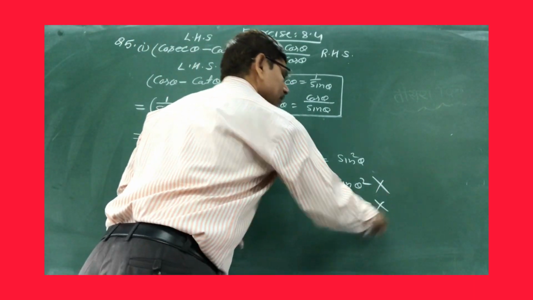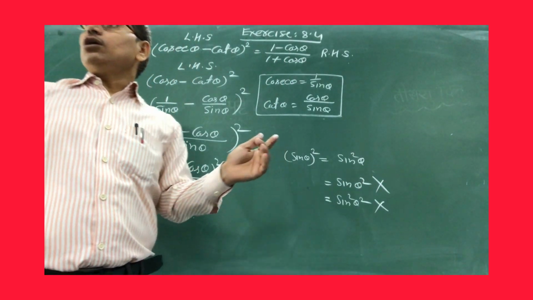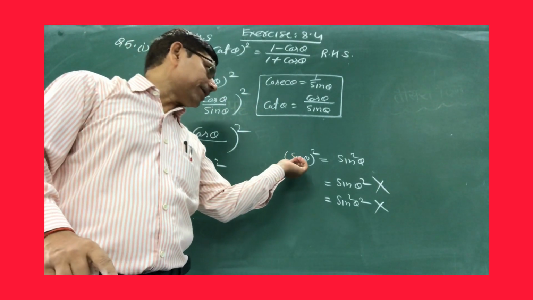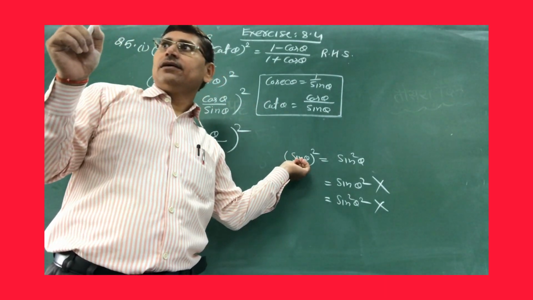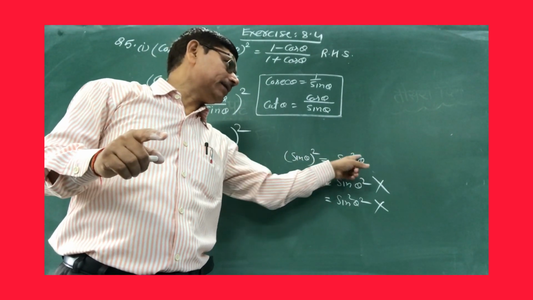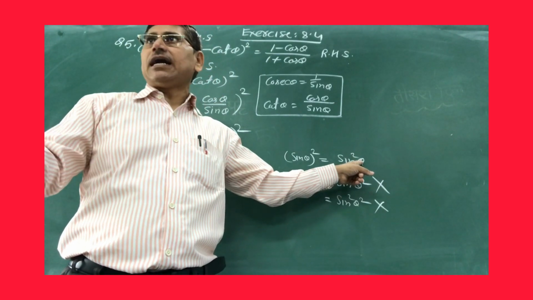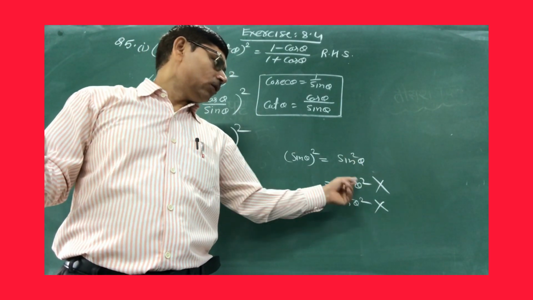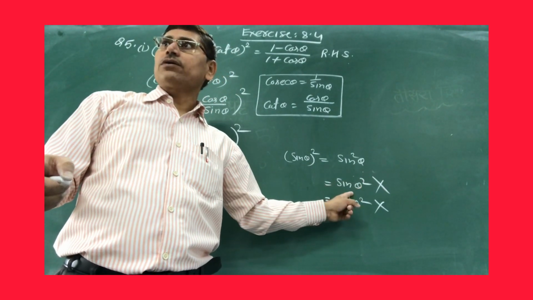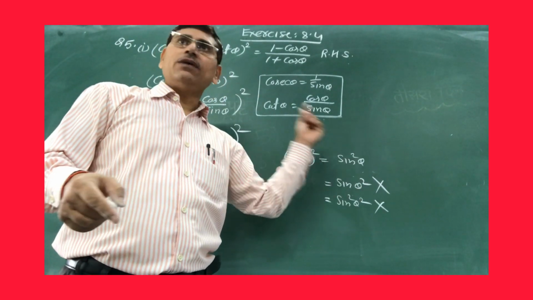This is again wrong, because here the trigonometric ratio is sine, so you will mark the square on the sine only, such that sin square theta, not theta square or sin square theta square. Both are wrong. So you will write sin square theta only.